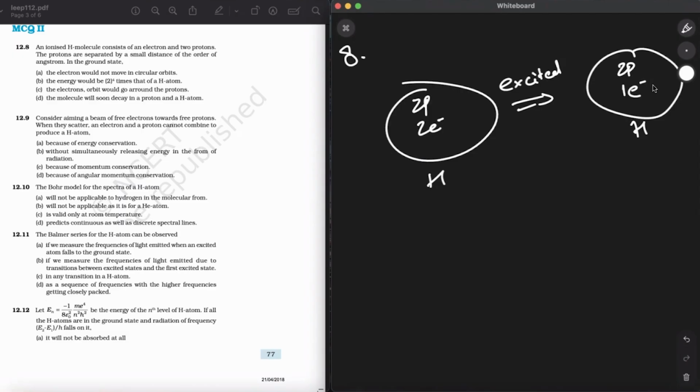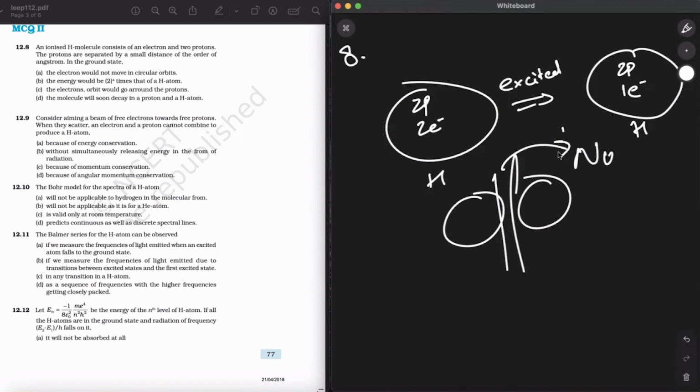So in the hydrogen molecule, the two nuclei of the two H atoms are separated by distance in order of angstrom. So this indicates that nuclear forces will be present. The nuclear forces that I was talking about in the range of angstrom, that will be there. F nuclear. So nuclear forces will be acting over it. So the electron no longer moves in circular orbit.